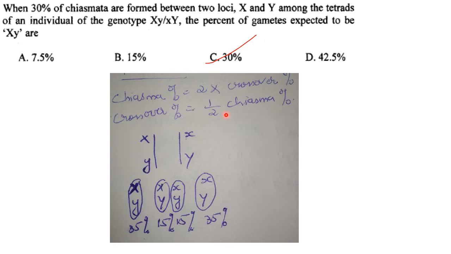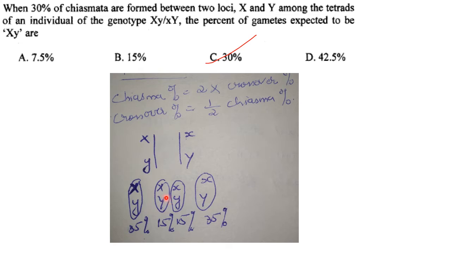So chiasma percentage is 2 into crossover percentage, or crossover percentage is equal to half of the chiasma percentage. So these are the parentals, capital X small y and small x capital Y. They will produce 4 types of gametes, 2 of which will be recombinants. So 30% of the chiasmata, half of this chiasma percentage, will represent the crossover percentage of the gametes.